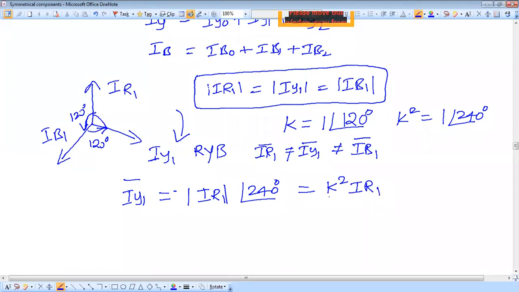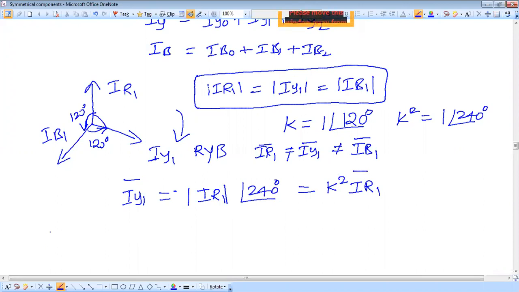Why K square? Because it is the anti-clockwise direction, and the angle is 240 degrees, that is 1 at an angle of 240 degrees, which we write as K square. So I can write the IY1 vector in terms of the IR1 vector as K square times IR1.